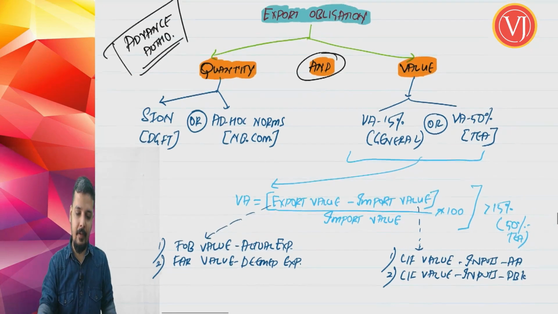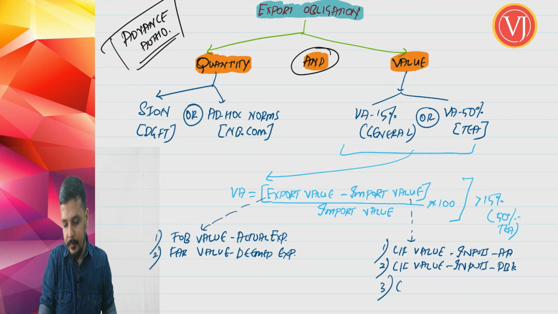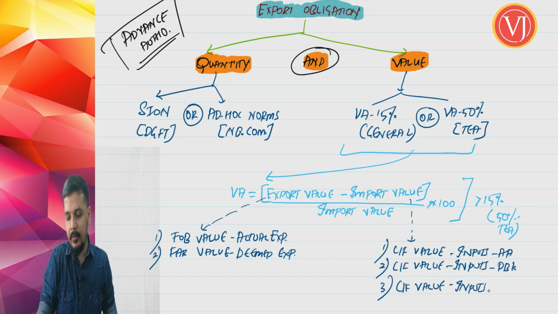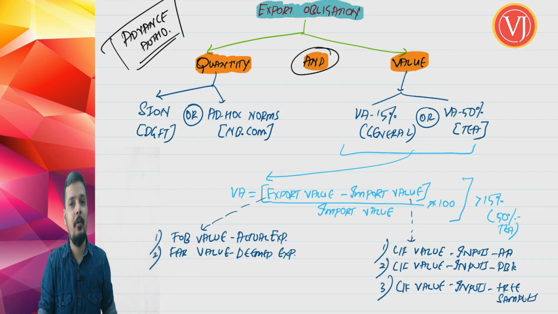Plus there's one more thing that you have to understand. If you are talking about free samples that are imported, CAF value of inputs which are not export of free samples, that we have already discussed in the export policy, in your star house category.